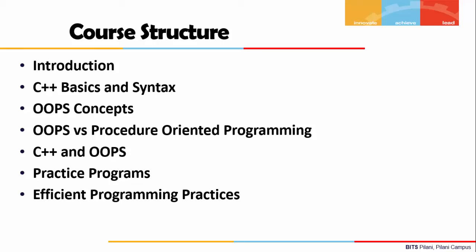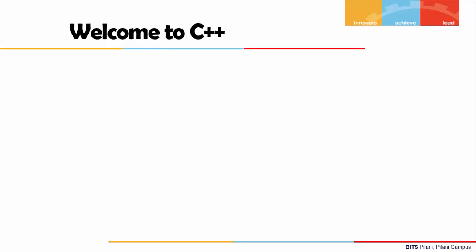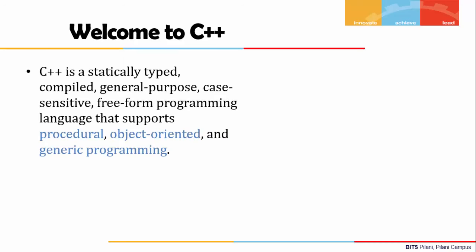So let's start today's lecture. Welcome to C++. This exciting language blends the language C with support for object-oriented programming and for generic programming. This language is designed to cope with the escalating complexity of modern programming tasks using object-oriented programming.